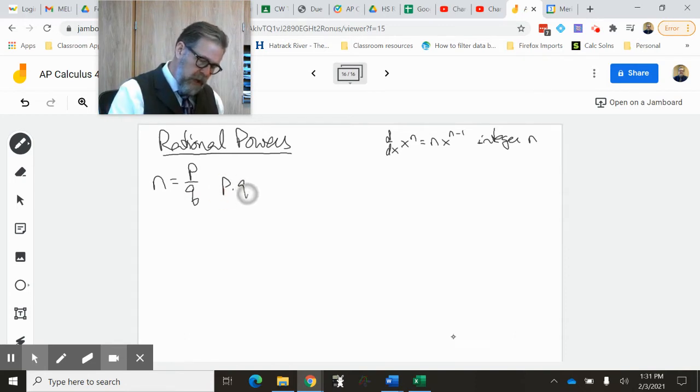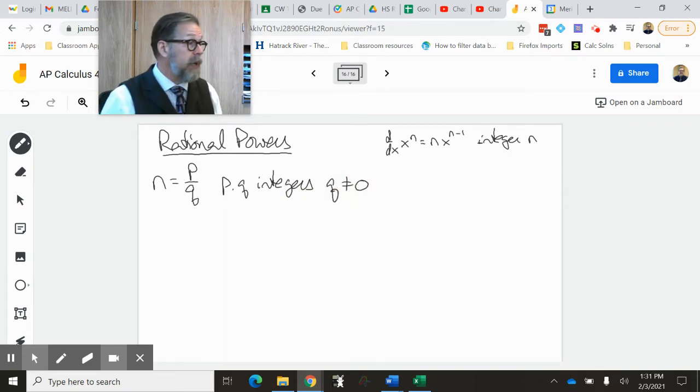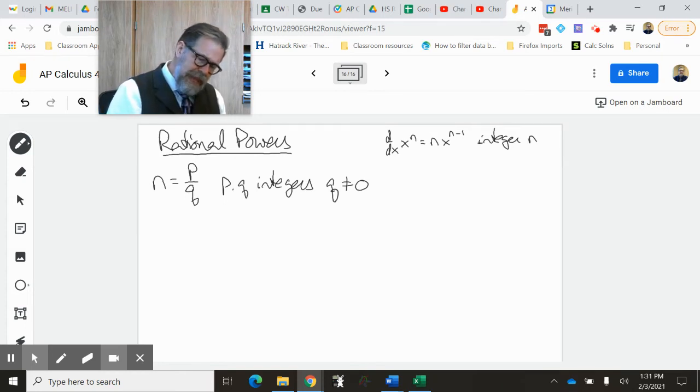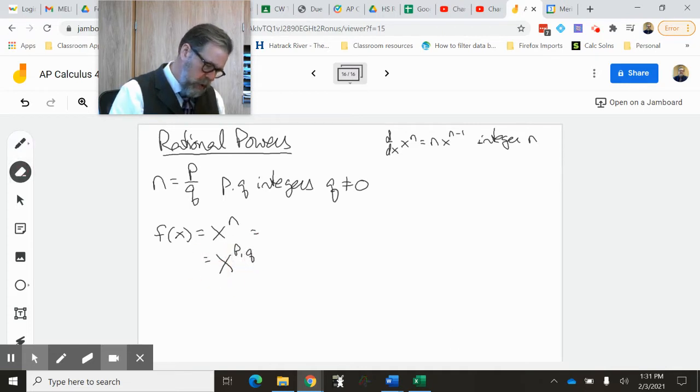So p and q are integers, with the only qualification that q can't, for obvious reasons, be equal to 0. So if I'm looking at the function f of x equals x to the n, that's the same as the function x to the p over q.